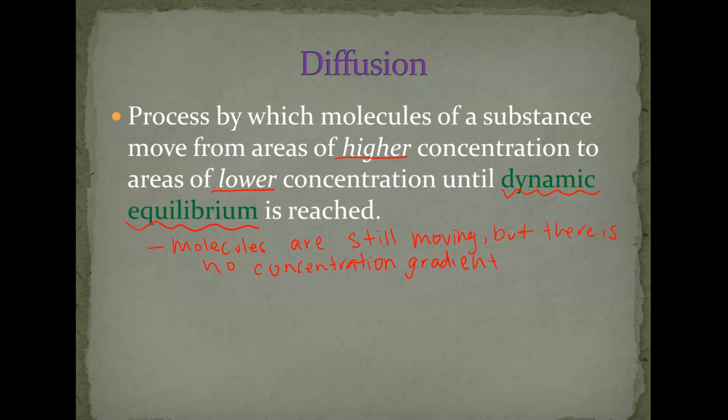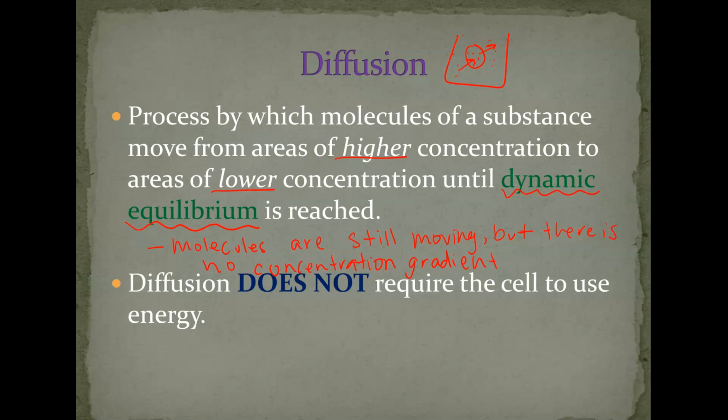So again, what that means, if we have two beakers here, or if we have one beaker in a cell, we're still going to have even amounts here, but we're still going to have movement in and out of the cell, no matter what's happening, just to keep that balance, to have that movement still occurring within our cells. And again, no energy, does not require energy to do diffusion.